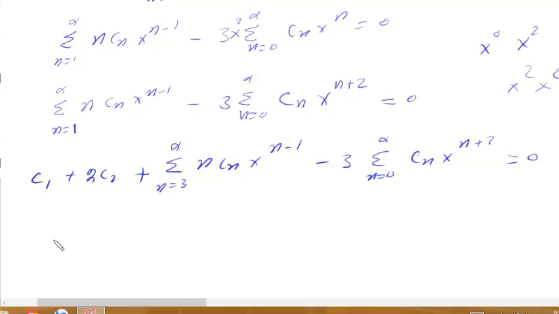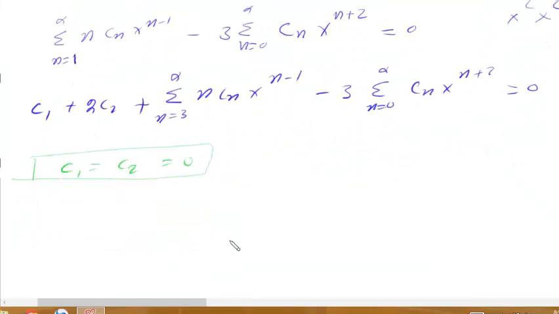Then let us look here, we compare both sides. Then c₁ and c₂ are equal to 0. Now let us look at xⁿ⁻¹: let n - 1 = m.